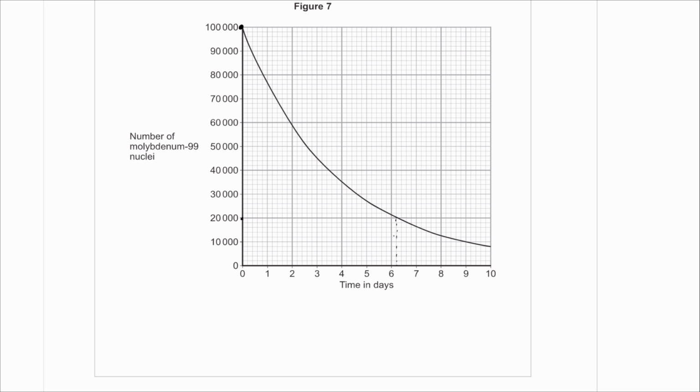How long did it take for the number of nuclei to drop from 100,000 to 20,000? We need to read the time in days, and it's 1 square after 6. Let's look at how much each square is worth. There are 5 squares between 6 and 7, so each square is 0.2. So if you go 1 square on top of 6, it makes 6.2 days.